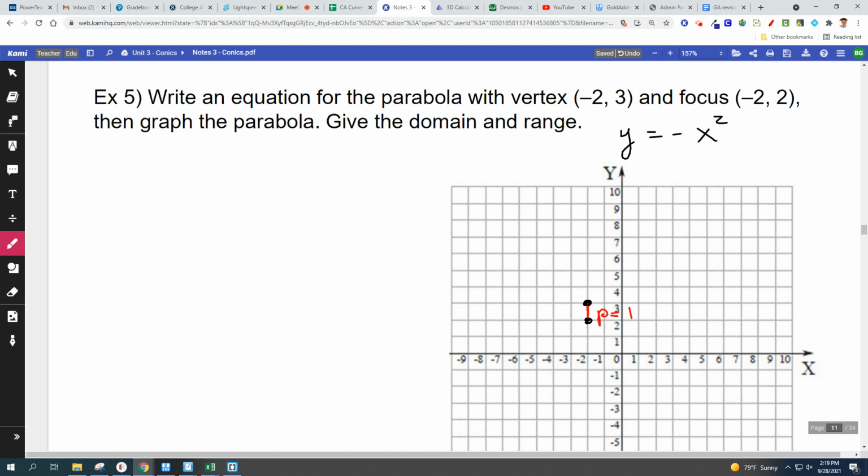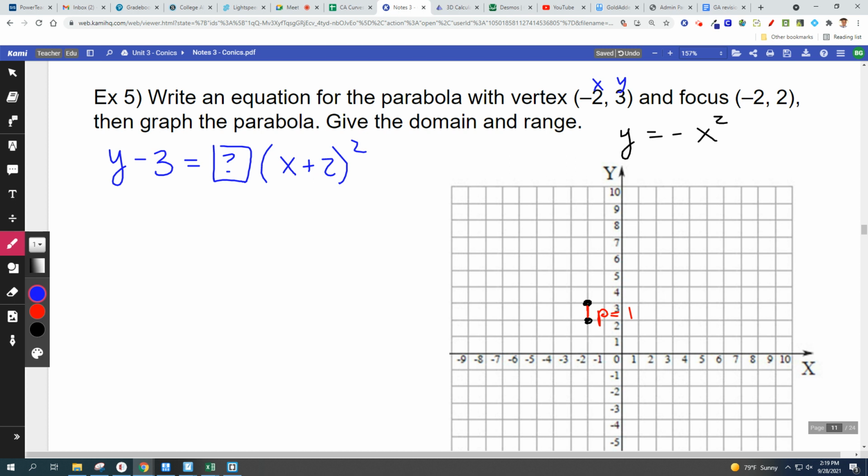So I know it's y equals negative x squared, or that's kind of my starting point. But with my vertex showing, I could say y minus 3 equals something times x plus 2 squared.